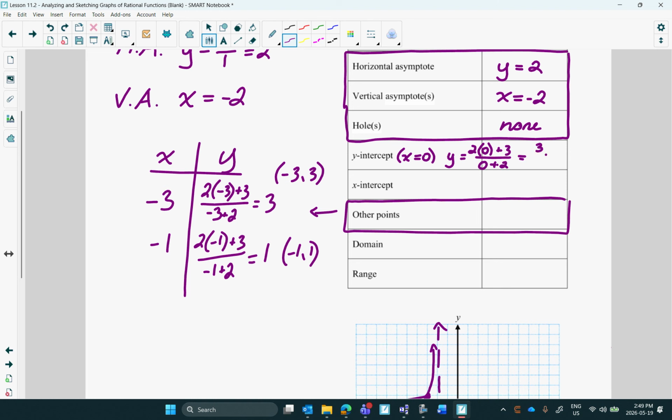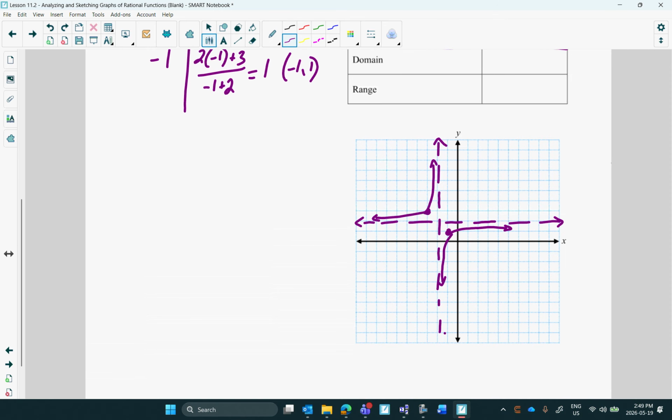So it's going to be 3/2, which makes sense. Because if you look, I didn't obviously draw it perfectly, but it should be somewhere between 1 and 2 on my y-intercept. And it is actually 1.5.